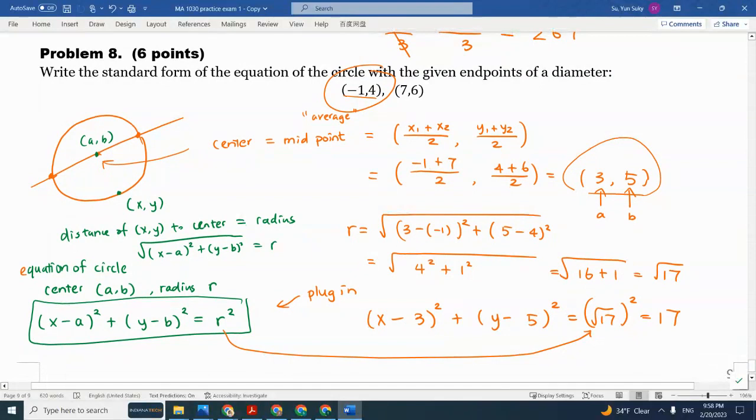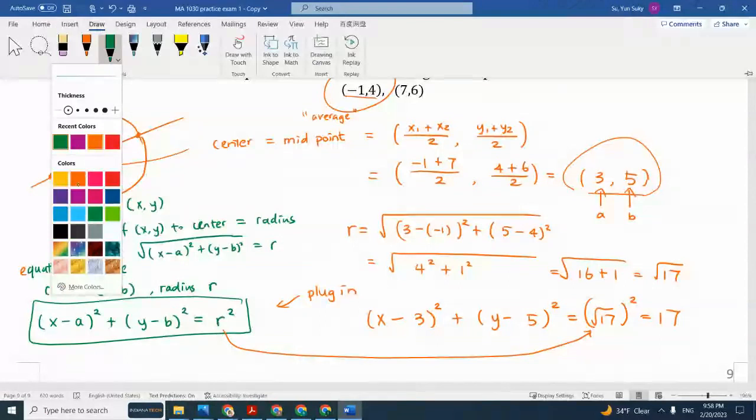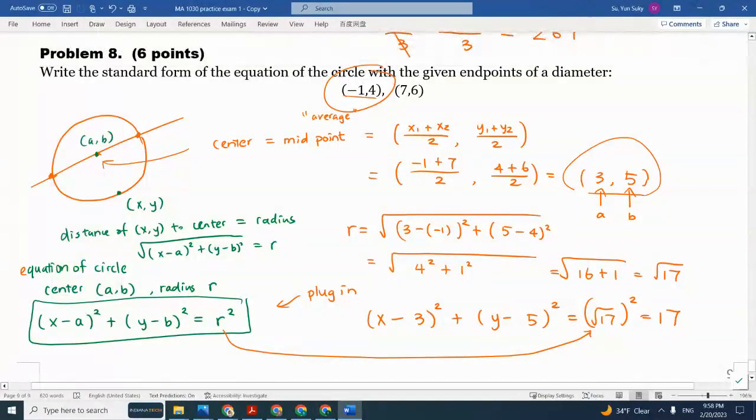So this is the equation of the circle. Be careful here: if on the exam you have a −3 in the center, then this one will become positive, because you're doing minus −3.